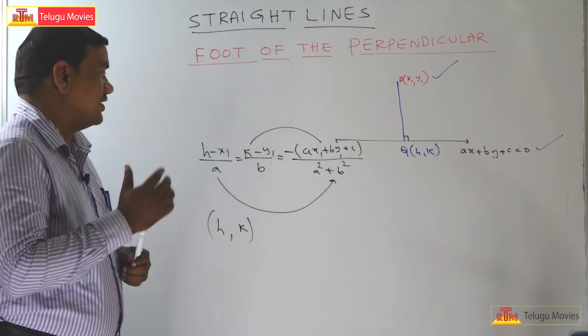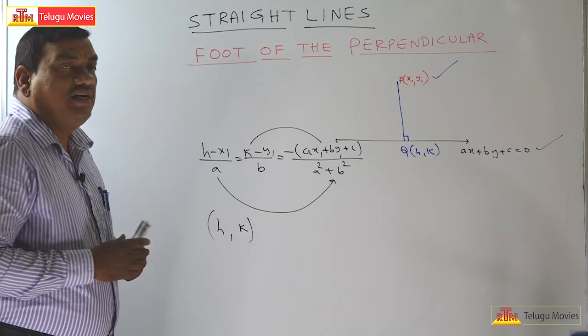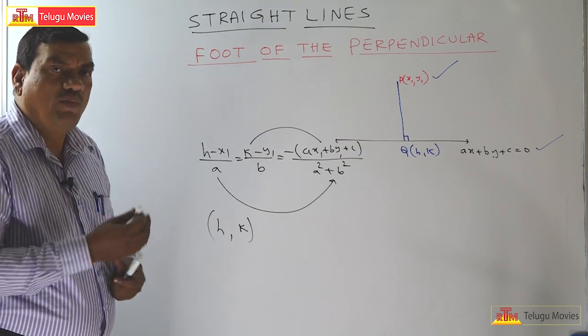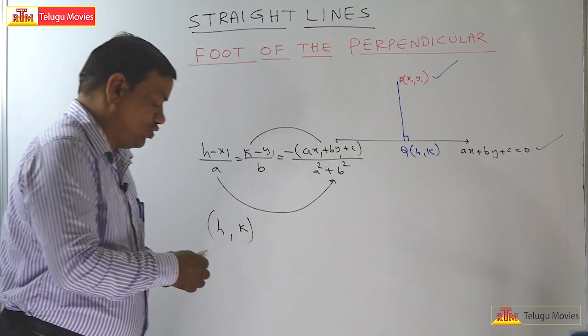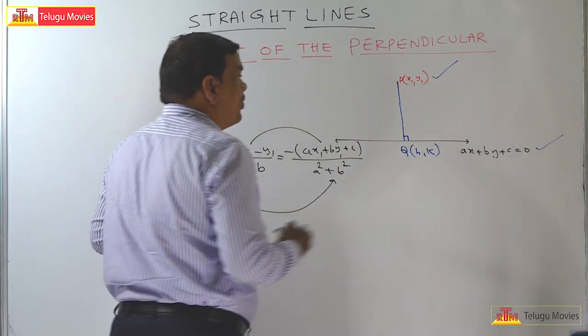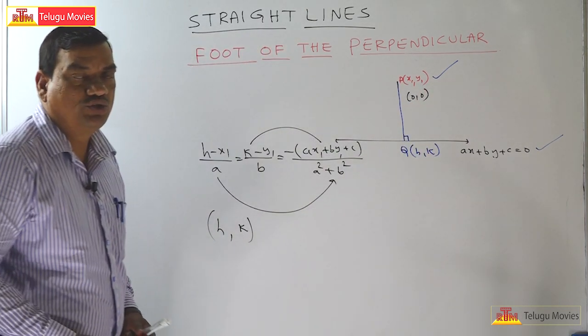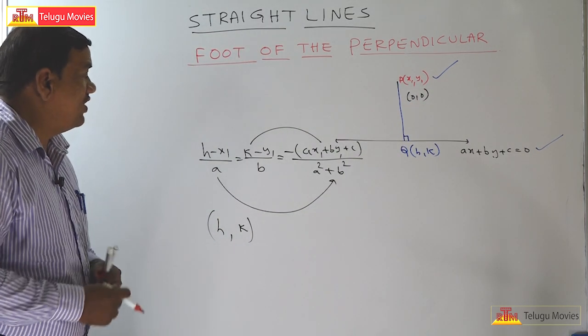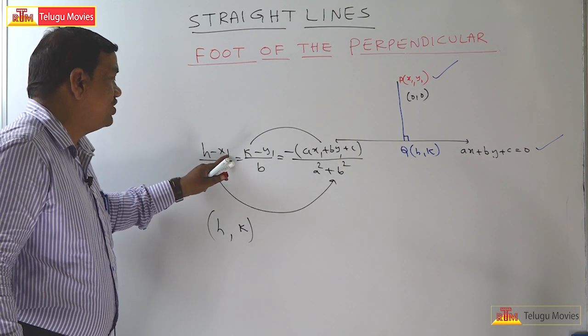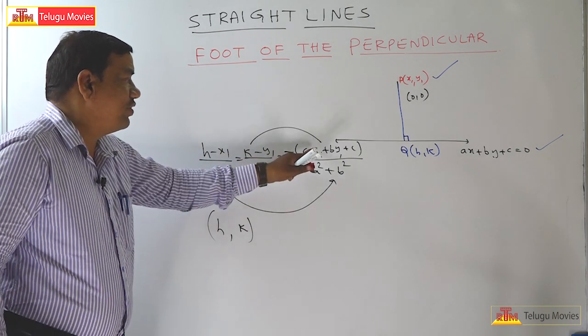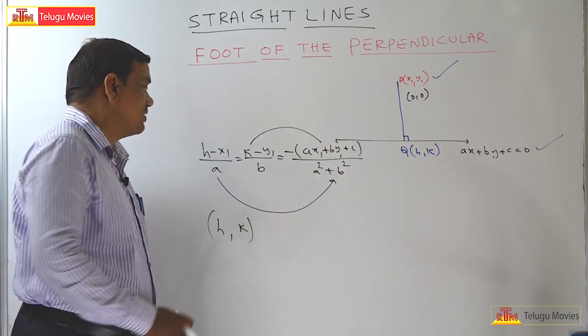Now, if the point happens to be the origin (0, 0), then what will be your foot of the perpendicular? Here x1 is 0 and y1 is 0, so substitute here.